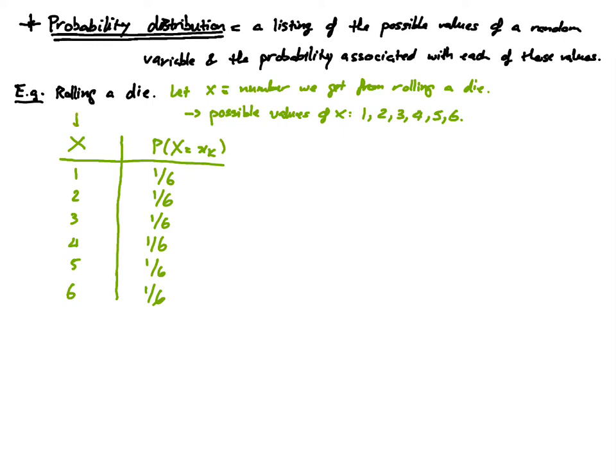So it's this first column, right? We can call each of these x sub k. And then in the other column, we have the probabilities. So here, this is the probability that x is equal to 1. This is the probability that x is equal to 2. This is the probability that x is equal to 3, and so on and so forth.